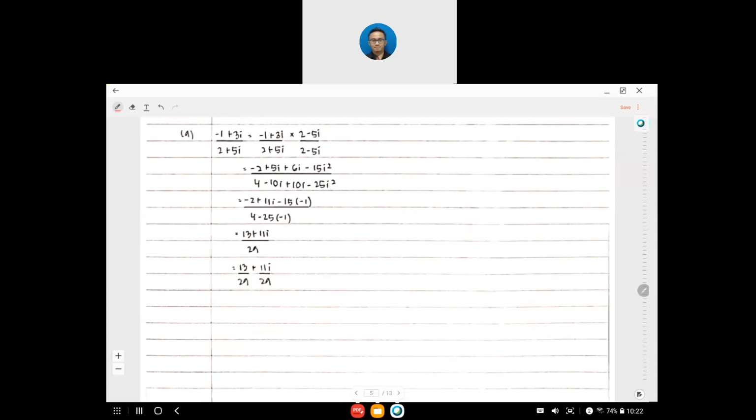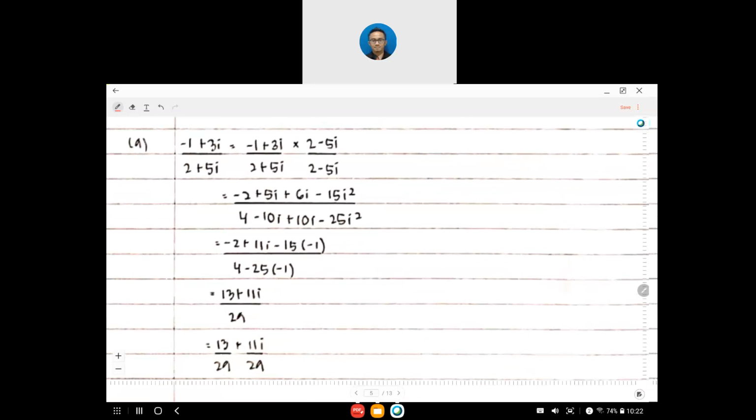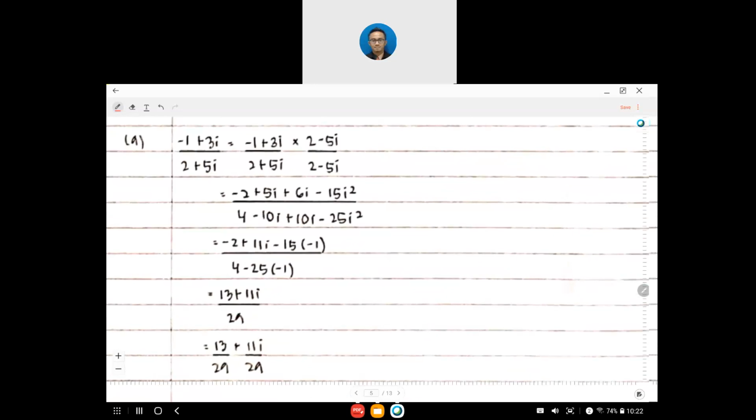And then question D, you have negative 1 plus 3i divided by 2 plus 5i. Okay. And then you need to times by the conjugate, which is 2 minus 5i. Expand, you can get negative 2, and then positive 5i.